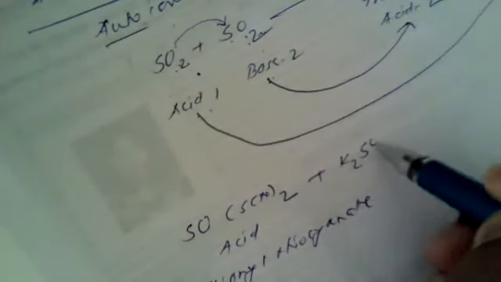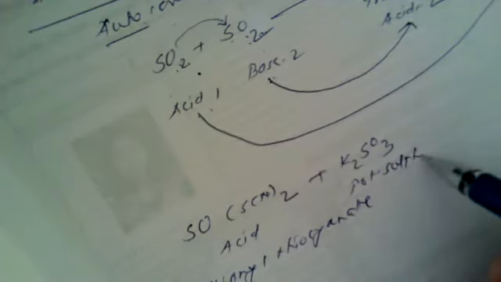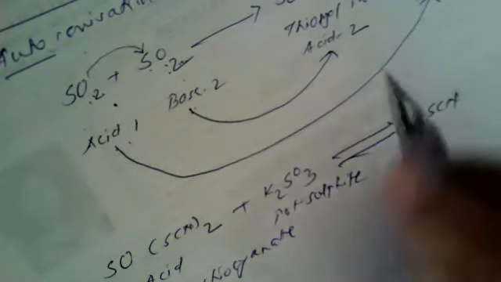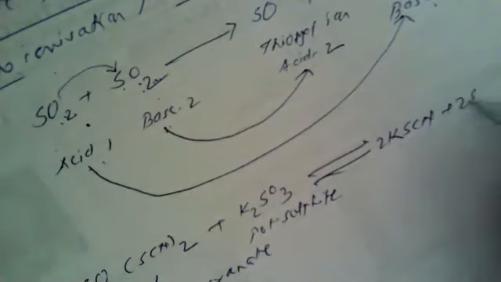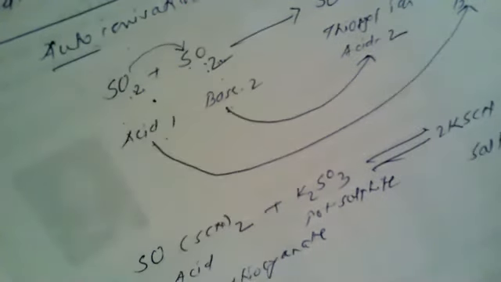Its reaction with K2SO3, that is potassium sulfite. If we carry out this particular reaction, then this reaction gives twice KSCN, that is potassium thiocyanate, plus two molecules of sulfur dioxide, and this is known as a salt. So this is a reaction that is taking place in sulfur dioxide.